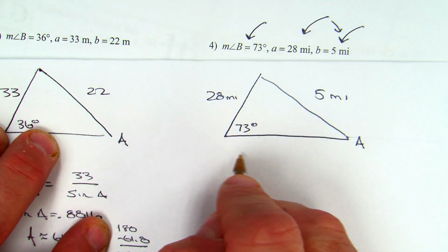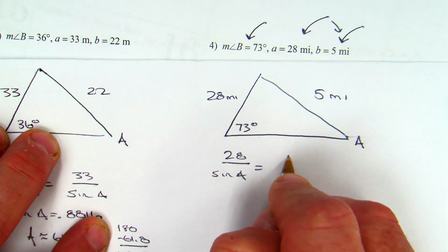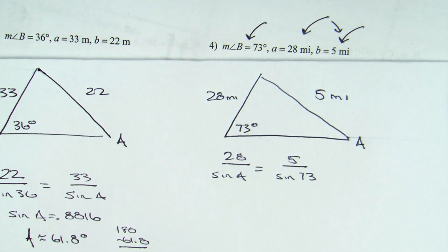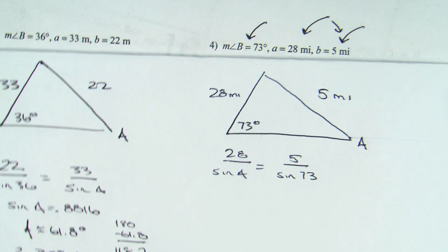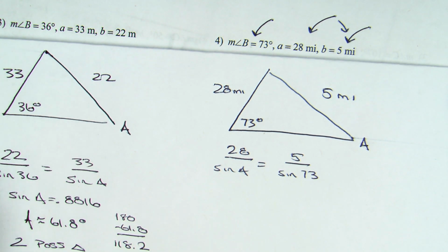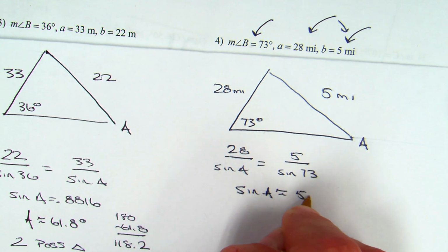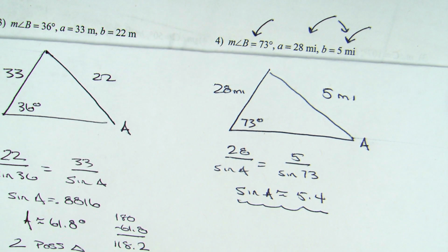All right, 28 over sine A equals 5 over the sine of 73. 28 sine 73 gives us 26.77. Divide that by 5, and we get sine A approximately 5.4. Make sense?